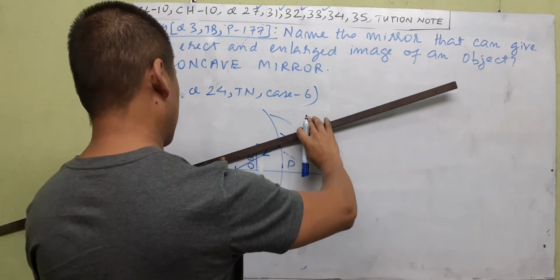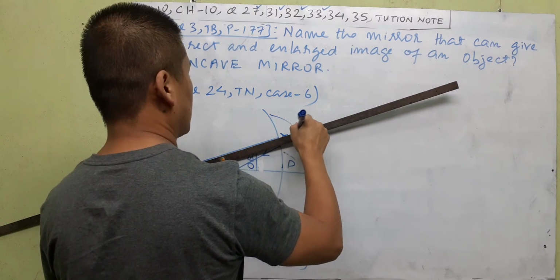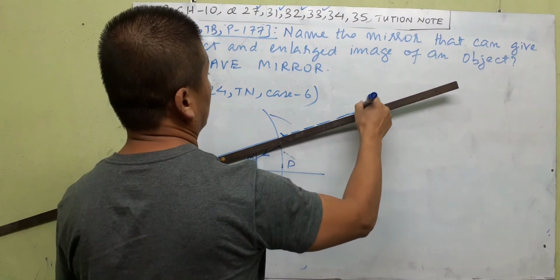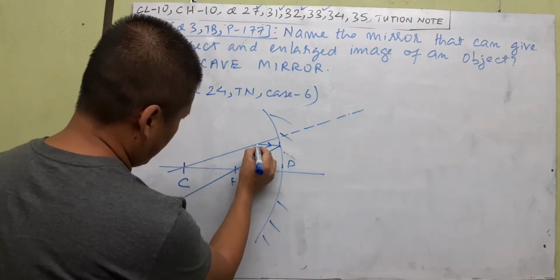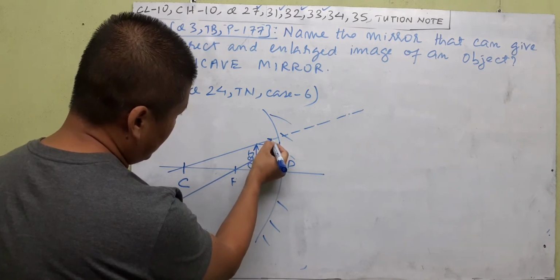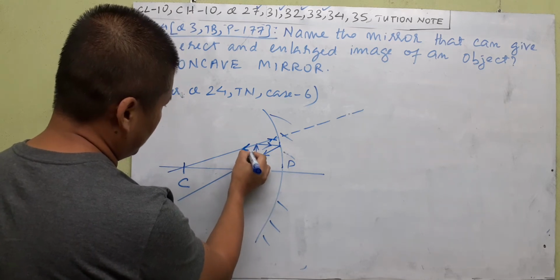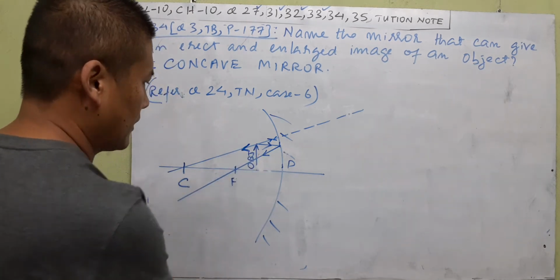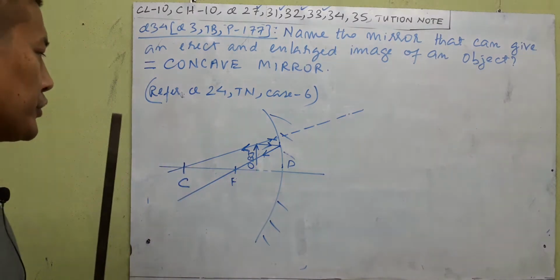Then we put a scale at C and the top of the object, draw a line up to the mirror, and on the right side we just draw broken lines. This ray is coming from C direction, so it will reflect back along the same path, and the reflected ray will travel this way on the left side. So these two rays are diverging, so they are never going to meet.